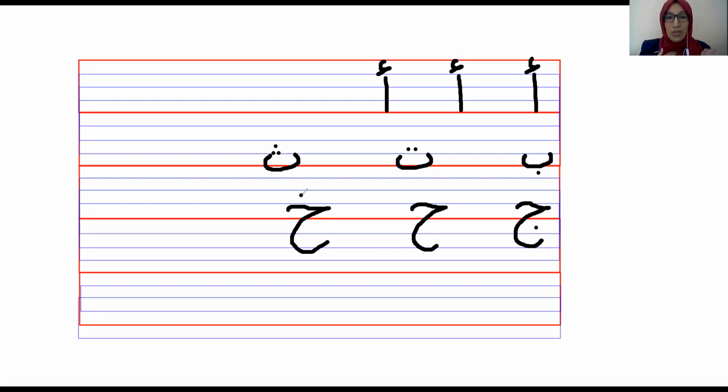So I have 2 letters here. Try to say the first one. And the other sound is ha, like when you say hospital, horse. These 2 letters we pronounce from the bottom.